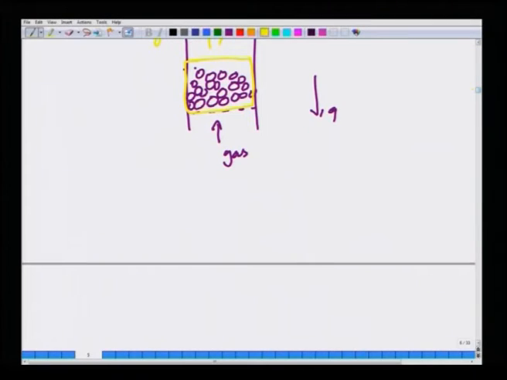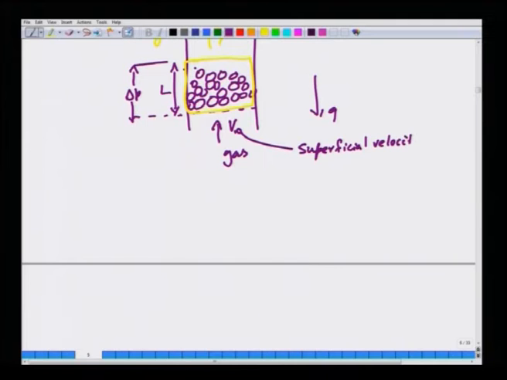You have a fluidized bed. Let us imagine that initially you have a packed bed, the length of the bed is L and the pressure drop is delta P over a length L, and you are initially sending gas with velocity V infinity, the superficial velocity of the gas is V infinity, and the area is A. Okay.